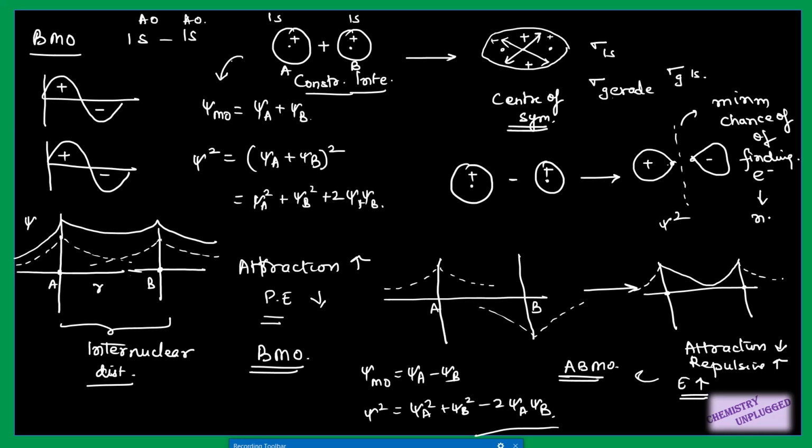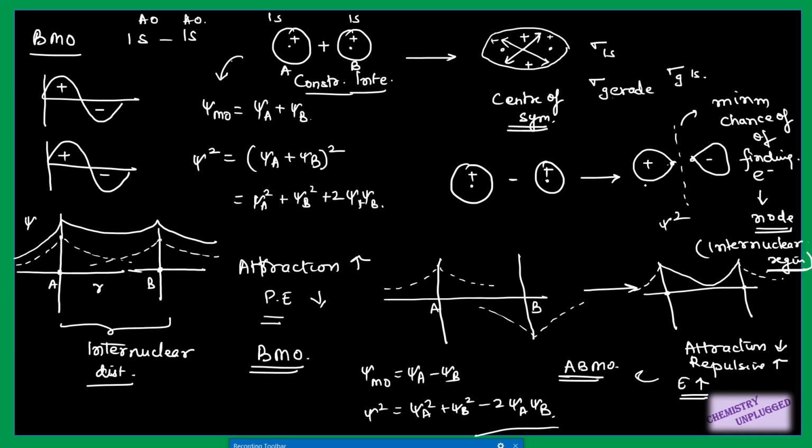This is called a node, right? So a node is the plane which passes through the internuclear region, and where we have minimum chance of finding an electron. This should be very, very clear. For a node, it is passing through the internuclear region, right?